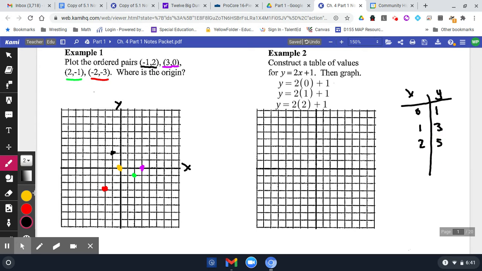Now I have 3 points. So this is a point. This is a point. This is a point. So we plugged in our x's to find our y's. So notice how we substituted whatever we chose for x, and that gave us our y's. Now we can plot these. 0, I'm not moving at all, but I'm going up 1. I'm going over 1 up 3.